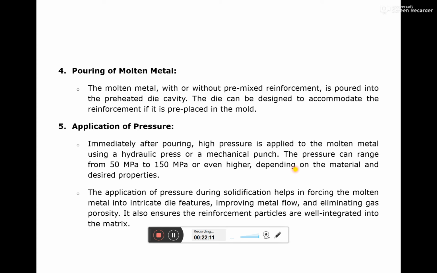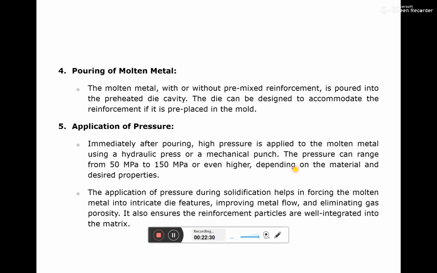We discussed that in stir casting, without the application of pressure, it may develop some porosity, such as gas porosity. These things we can eliminate by applying high pressure immediately after the reinforcement.